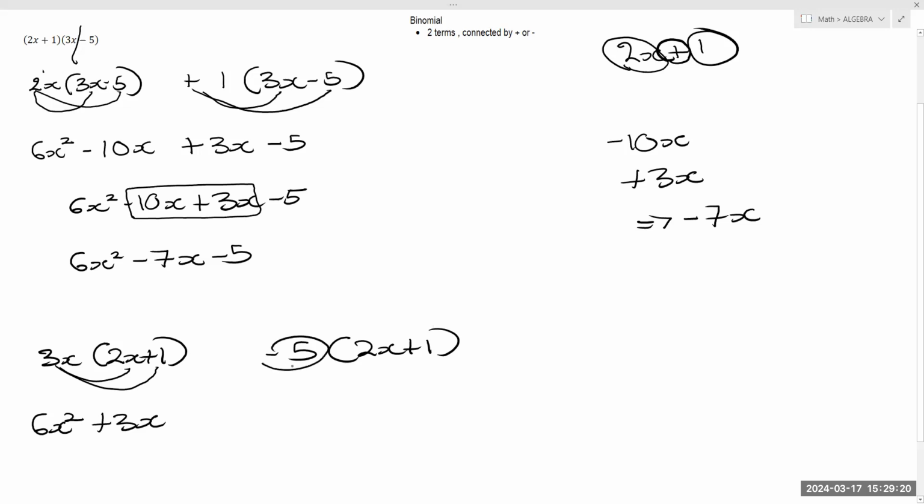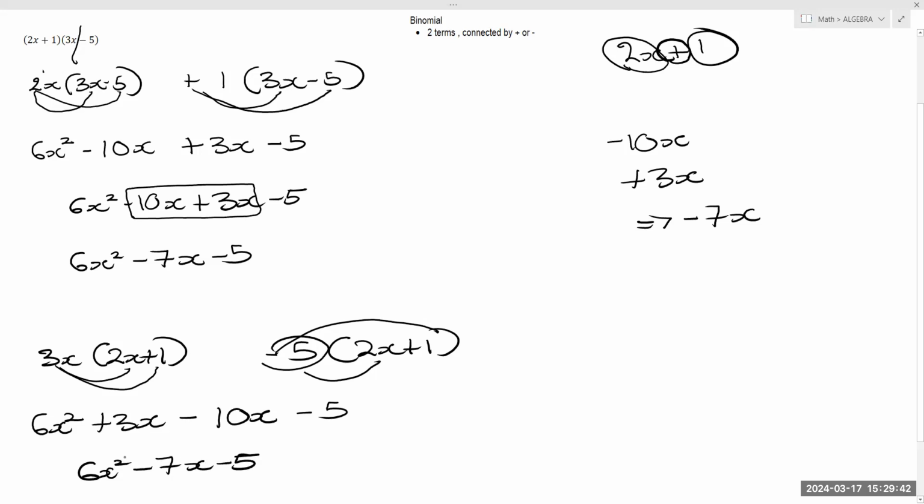Okay, -5 times 2x, that will be negative 10x. Okay, -5 times plus 1, that will be -5. So again, if we combine everything, we're still going to get 6x squared minus 7x minus 5.